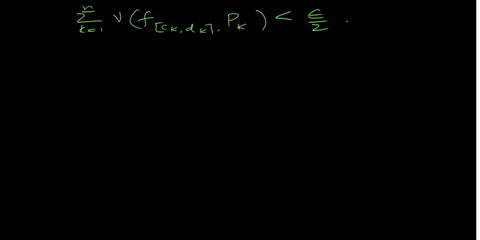So therefore this summation, k runs from 1 to n, of the variation of the function f over the interval (ck, dk) for the partition Pk is always less than epsilon by 2, because the function f is absolutely continuous.